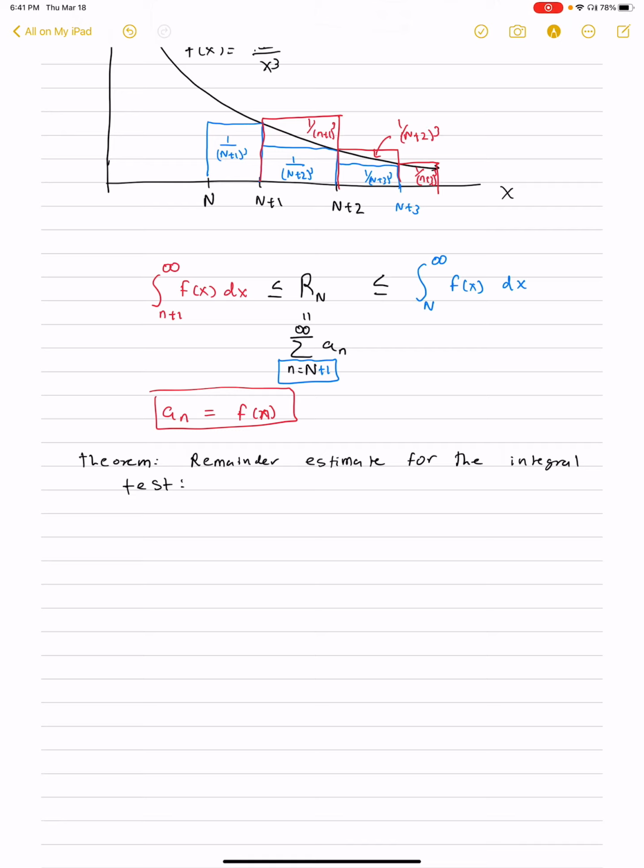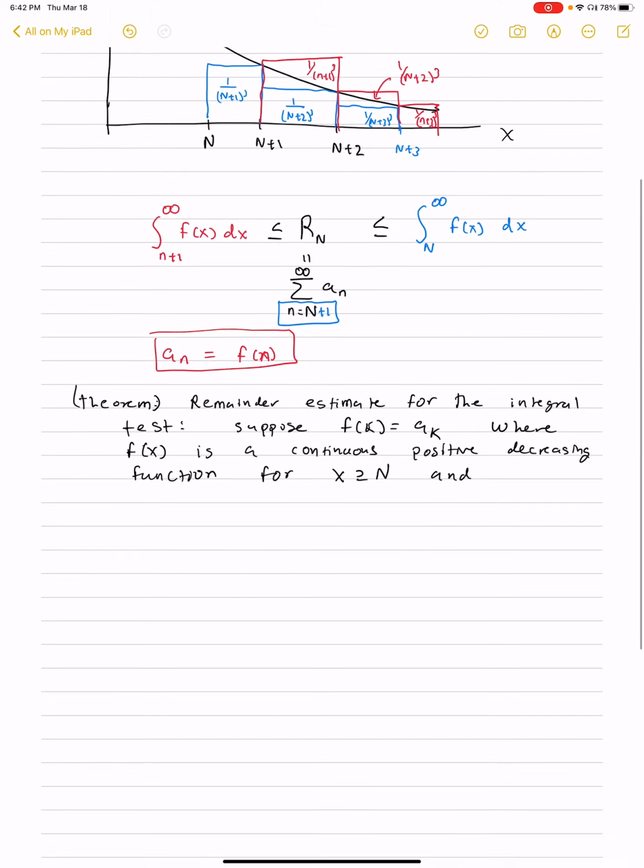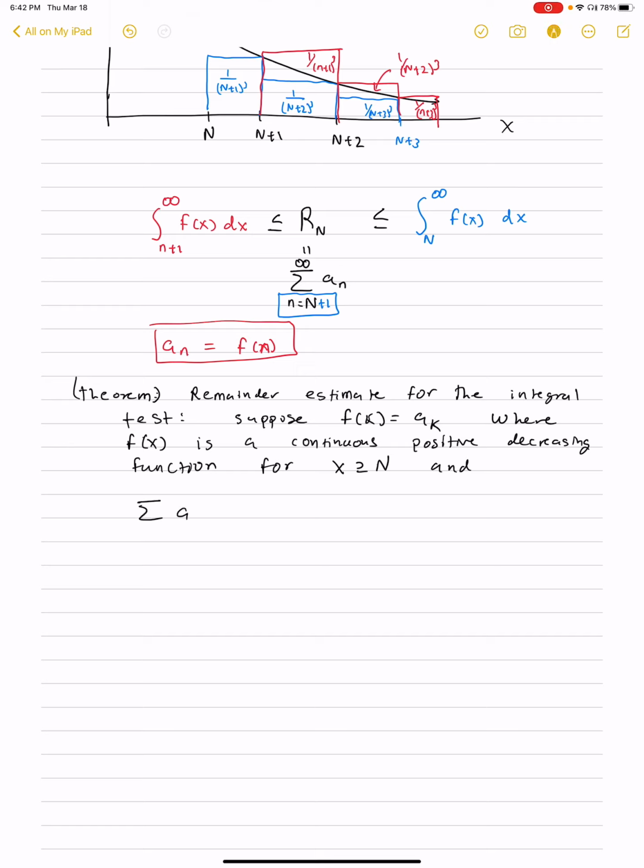It says this. Suppose f of k is equal to a sub k, where f of x is a continuous positive decreasing function for x bigger than or equal to n, and that this summation of a sub n is convergent, say from n equals 1 to infinity.